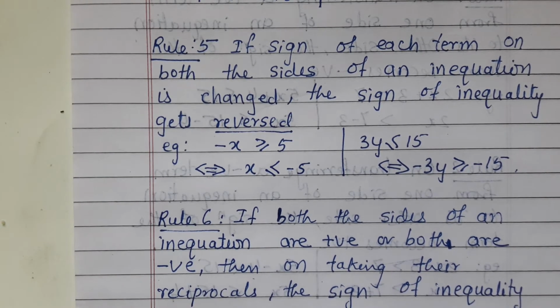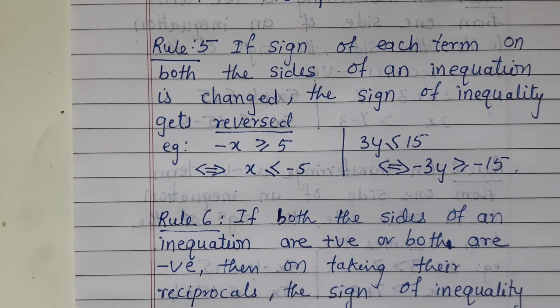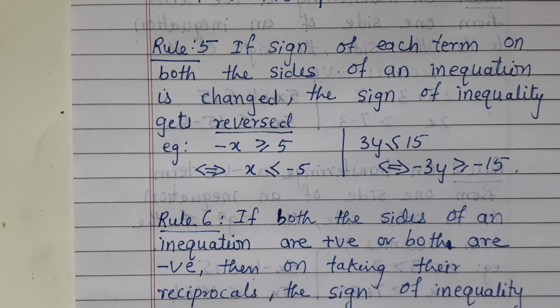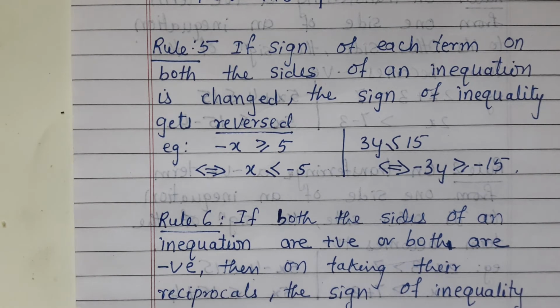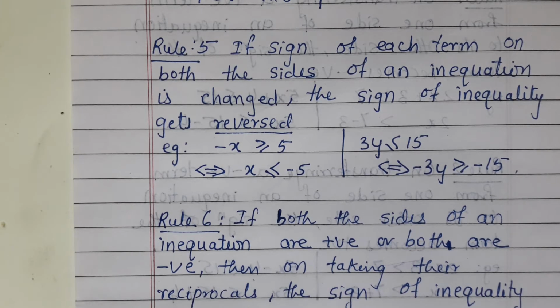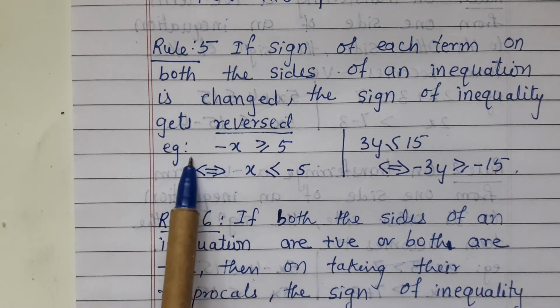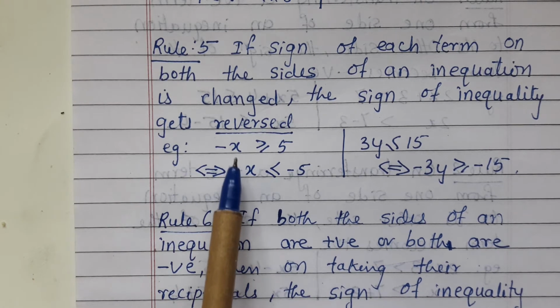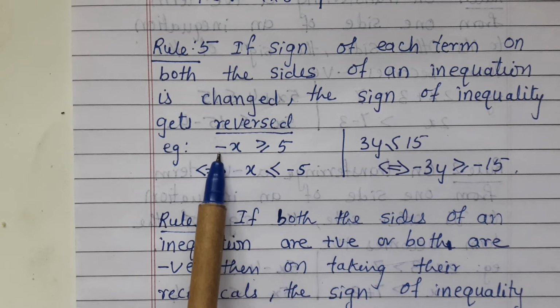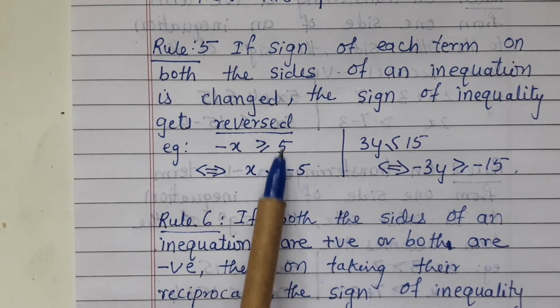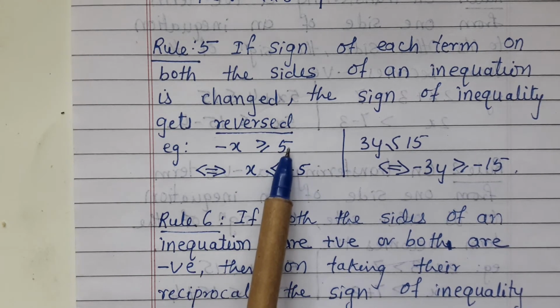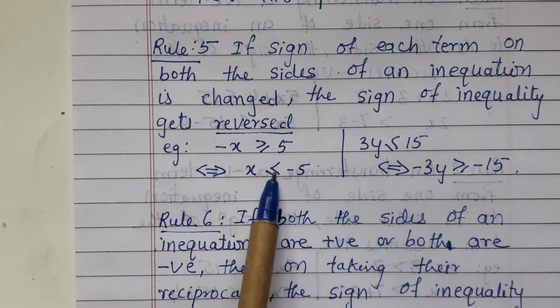Rule 5. If the sign of each term on both sides of an inequation is changed, meaning you multiply by a minus sign on both sides, the sign of inequality gets reversed. Take an example, and it applies for both sides. If -x ≥ 5, multiply both sides by a minus sign, the sign will change.